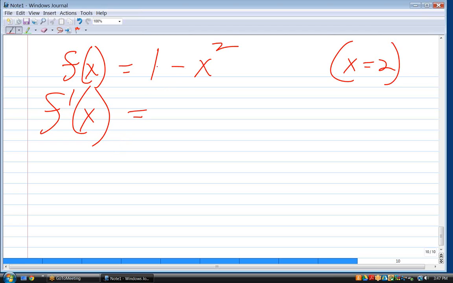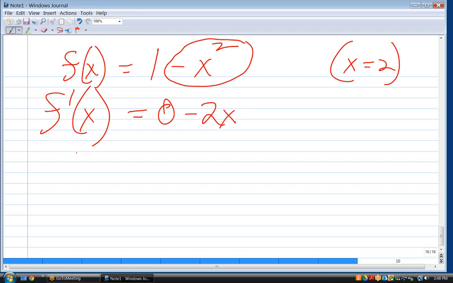If you have things being added or subtracted, you can differentiate each one of them individually. If I take the derivative of a constant, that's 0, always, no matter what the number is. If I take the derivative of this variable, I take the exponent, put it down in front, and subtract 1. That's what I get.